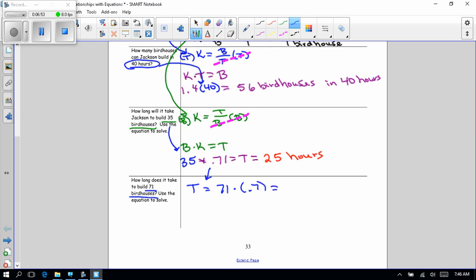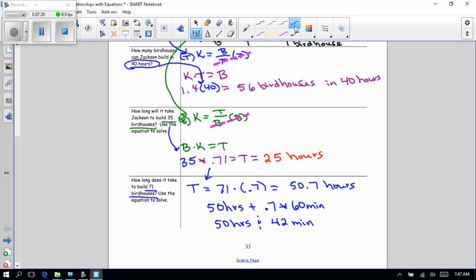Now this is where I get that 50.7 hours. There we go. And I don't know what 0.7 of an hour is. I know this is 50 hours plus 0.7 times 60 minutes, if I figure out how long this is. So it's going to take them 50 hours and 42 minutes.